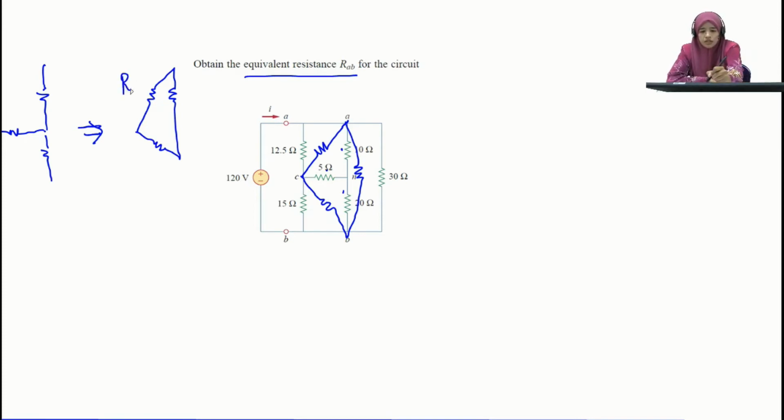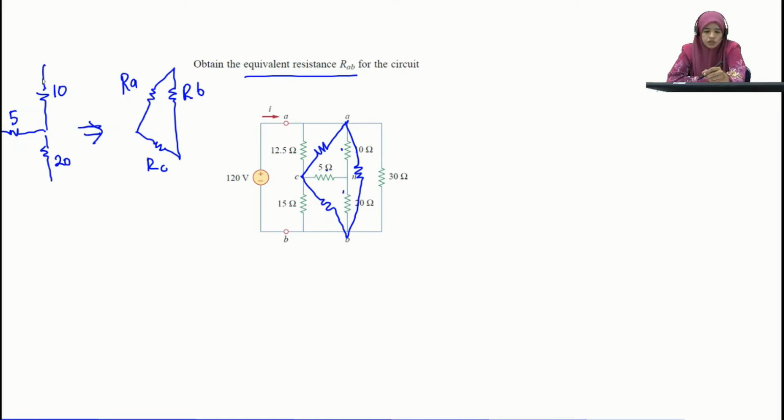So the new resistors will be RA, RB, and RC. The resistors in the Y connection we take from the question. This is 5 ohm, and here is 10 ohm, as well as 20 ohm in this resistor.